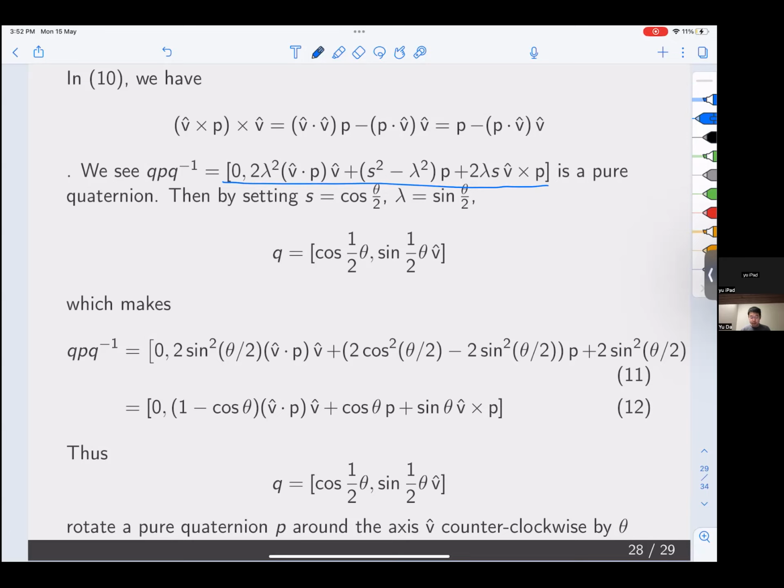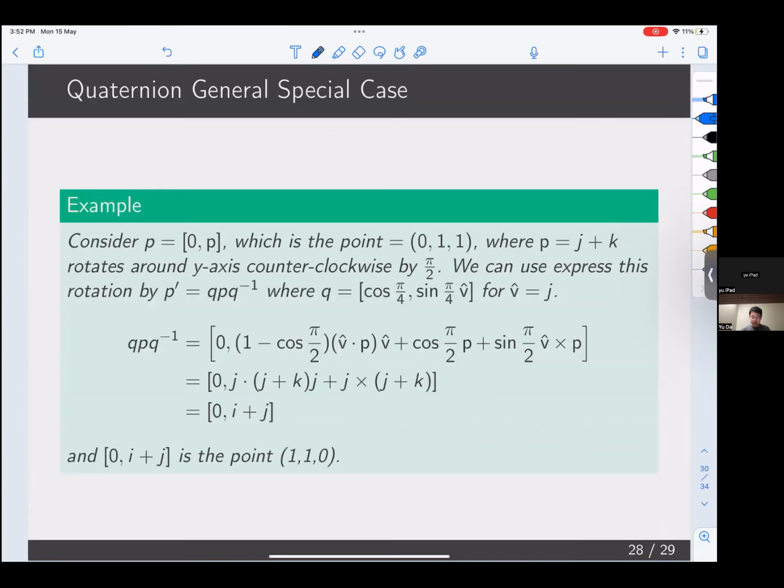Then by setting S to cosine theta over 2 and lambda to sine theta over 2, this gives us the result like this. This is still kind of hard to visualize, so we'll show another example here.